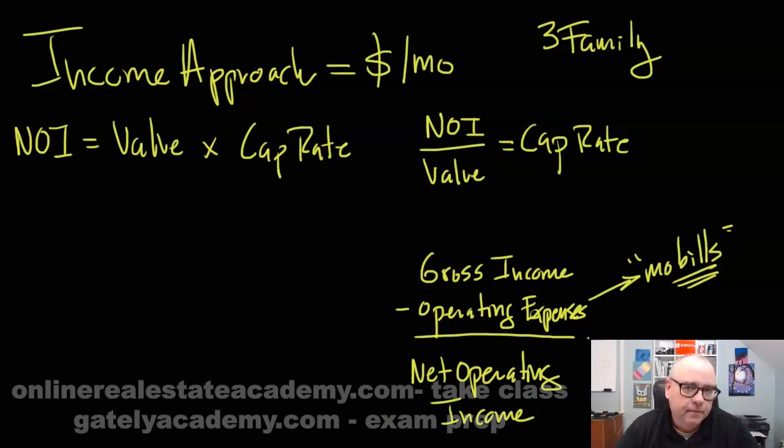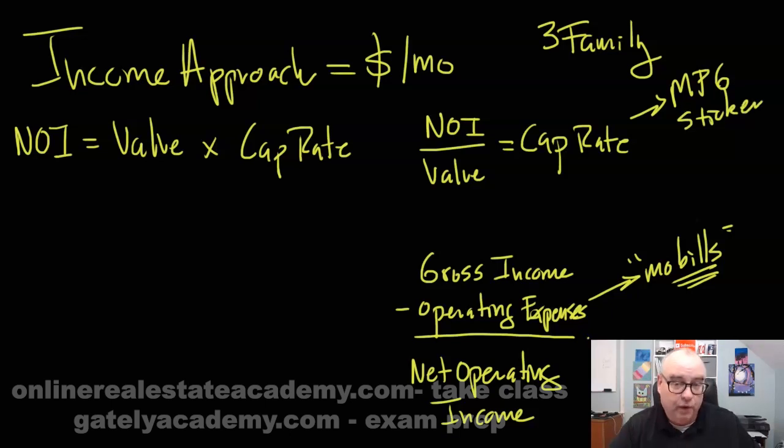Cap rate is kind of like the mile per gallon sticker for your investment. That's a really good way to think about it. The cap rate tells you how hard your money is working for you. So if you think of the value as the amount of money you invested, and then you think about the mile per gallon sticker as how efficient that money is.